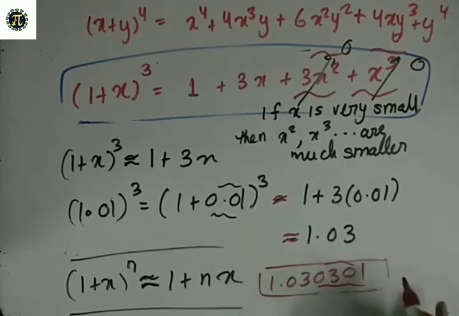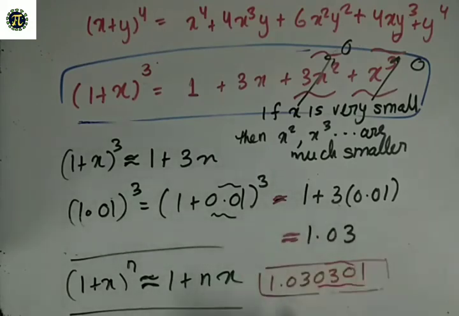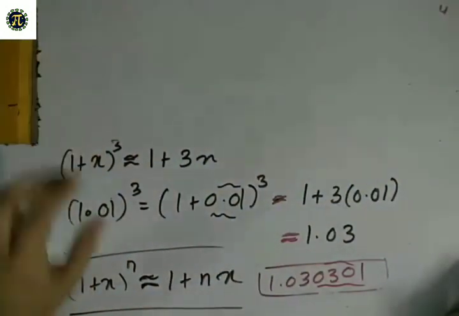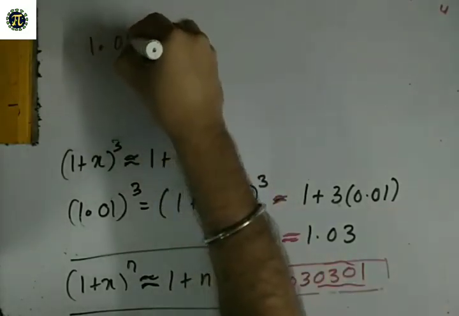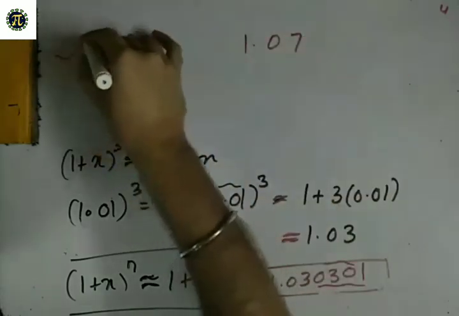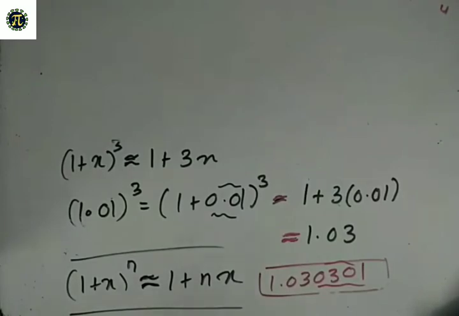So this was negligible, right? This is not even 1% of the difference. So if you had options for some question, the options can differ like this: 1.03, or 1.07. So in these cases, this will be the answer, right? So hopefully it resolves that.